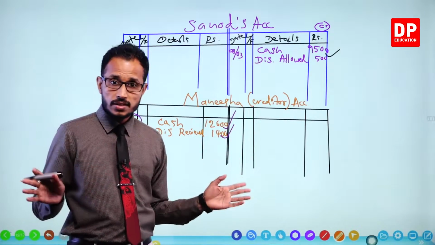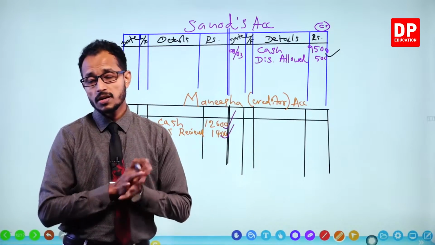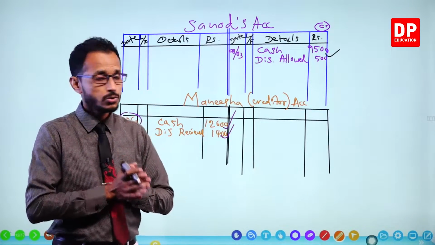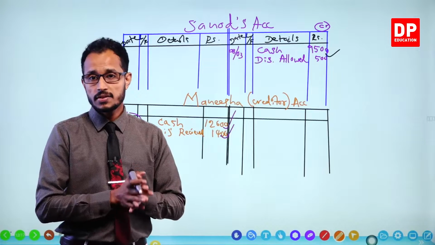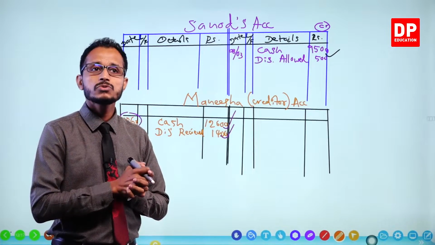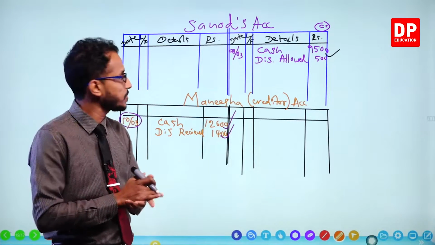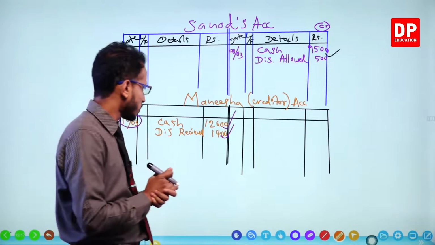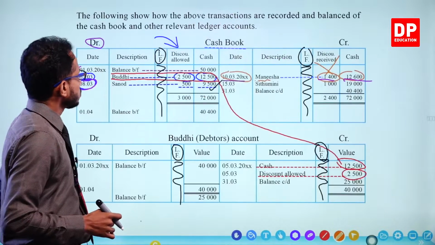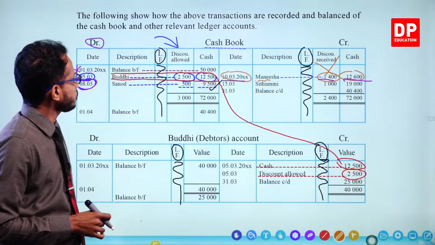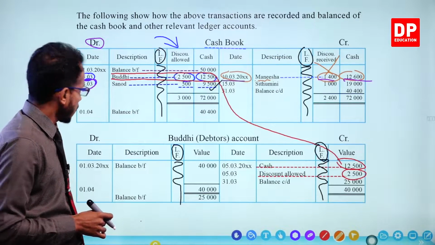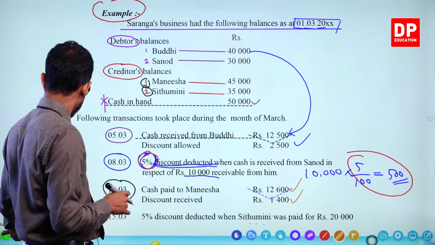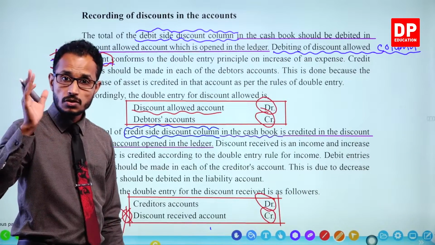See children, that is what the textbook on the previous page we read out explains, how the double entries of discounts allowed and discounts received are recorded in relevant accounts. But now children, there is something else that you should not forget.